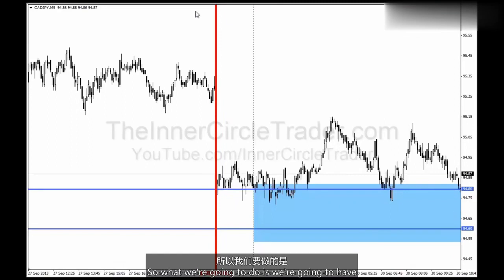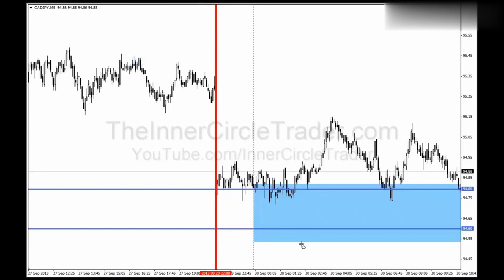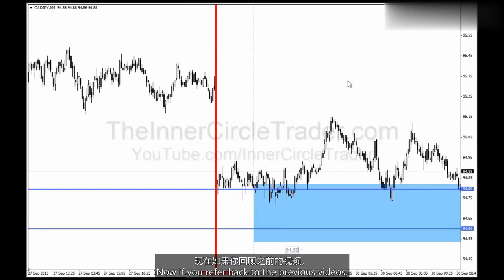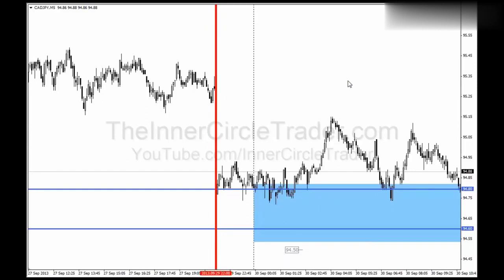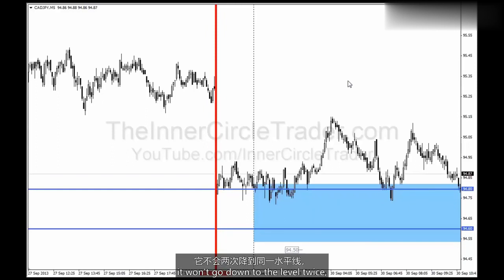So what we're going to do is we're going to have our chart, and I'm going to highlight that level here. Now if you refer back to the previous videos, you're going to remember this term, hidden optimal trade entry. Remember, support and resistance, if it's good, it won't go down to the level twice.